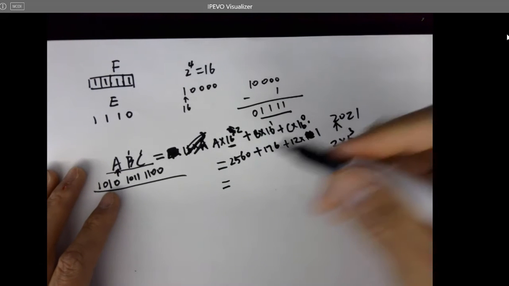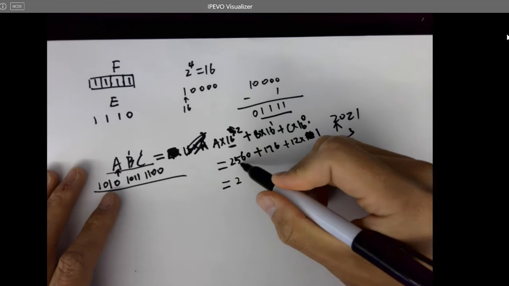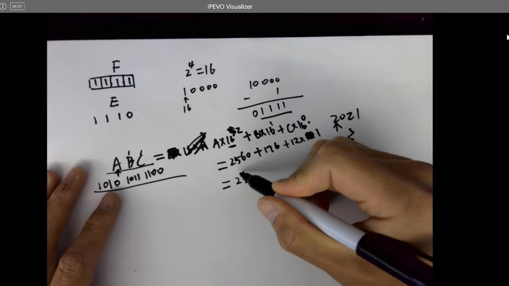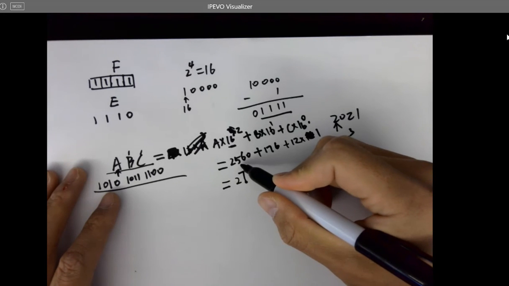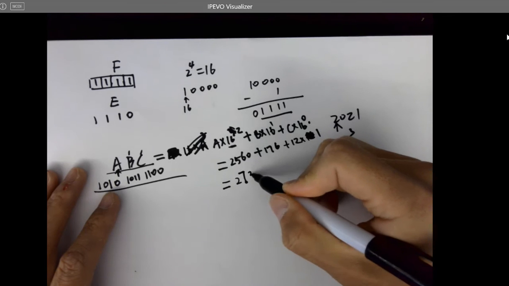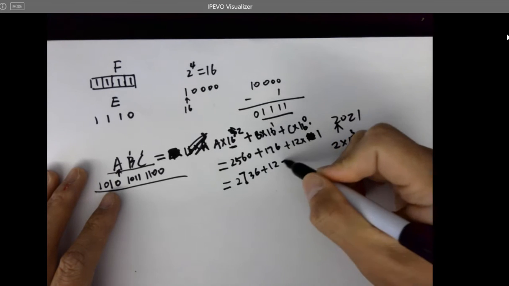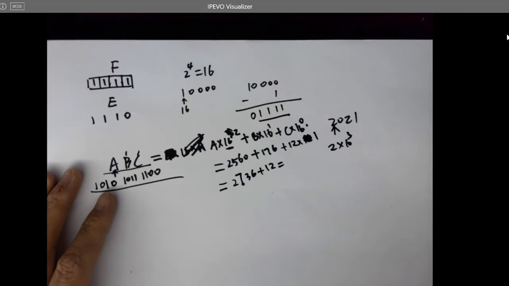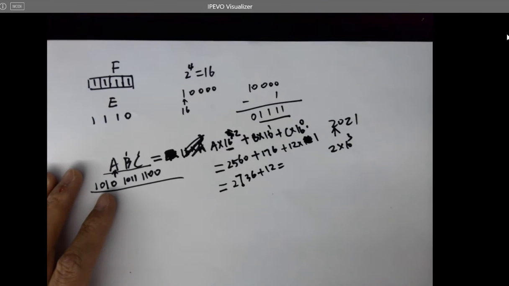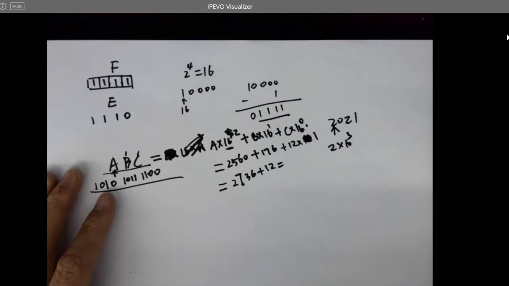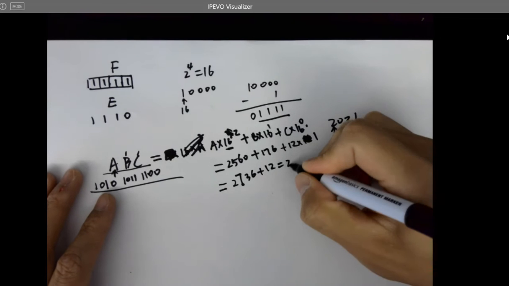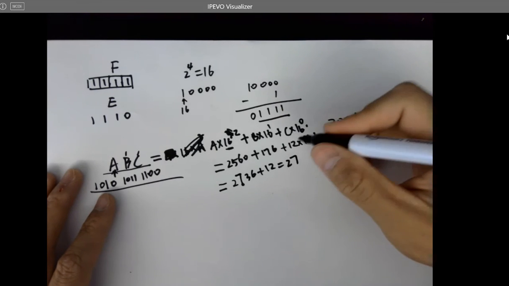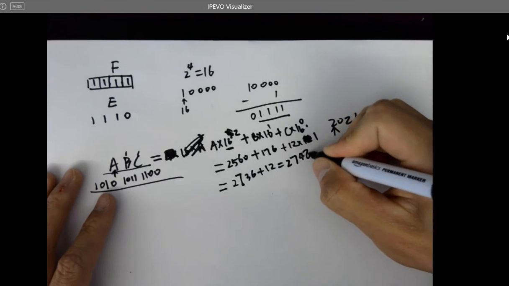So that is 2,560 plus 176 plus 12. Is that right? Yeah, that's right. 2,748.